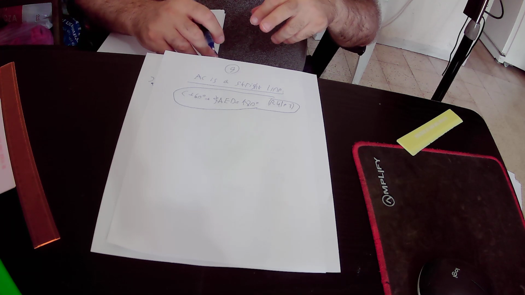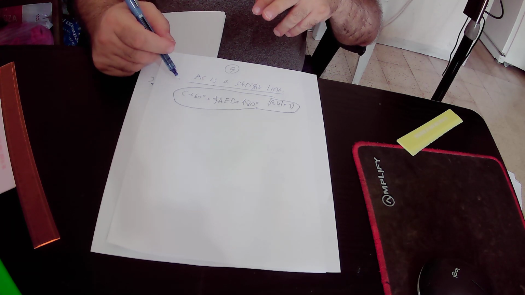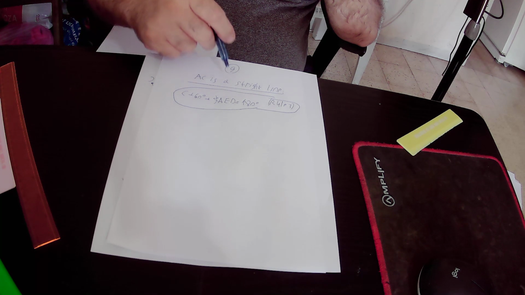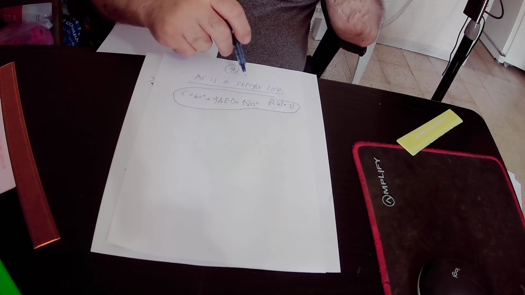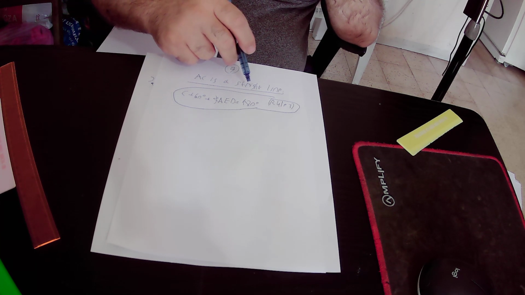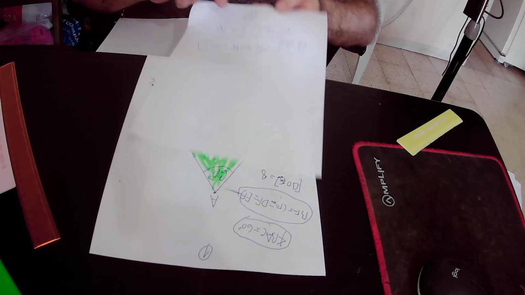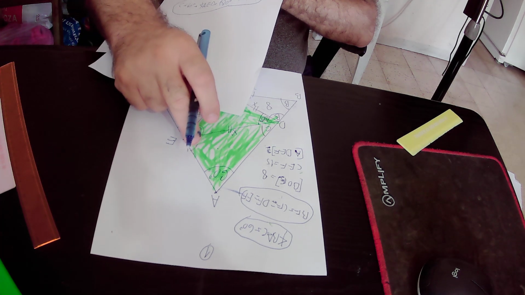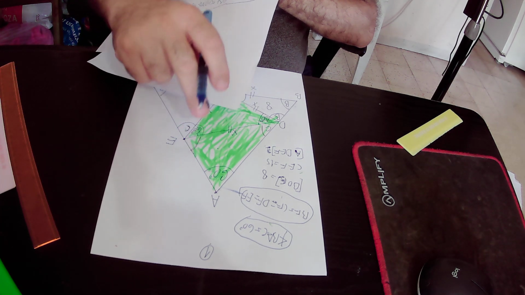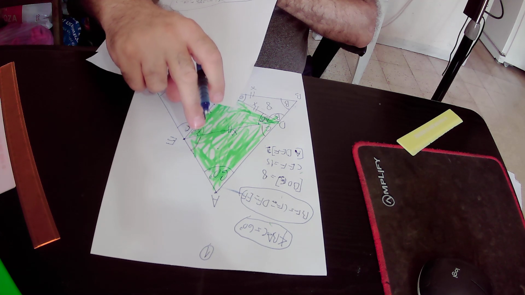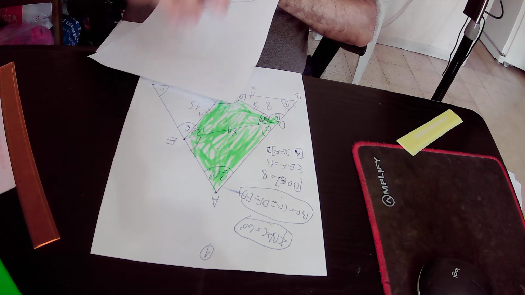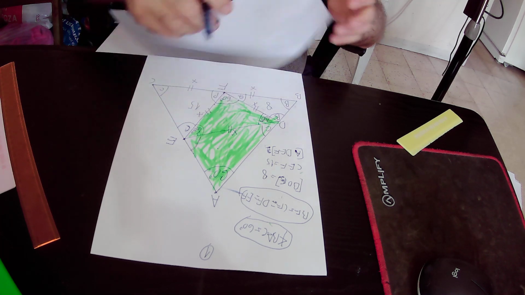AC is a straight line, and if we focus on point E, the sum of the angles is C plus 60 degrees plus angle AED, and this sum must be equal to 180 degrees.